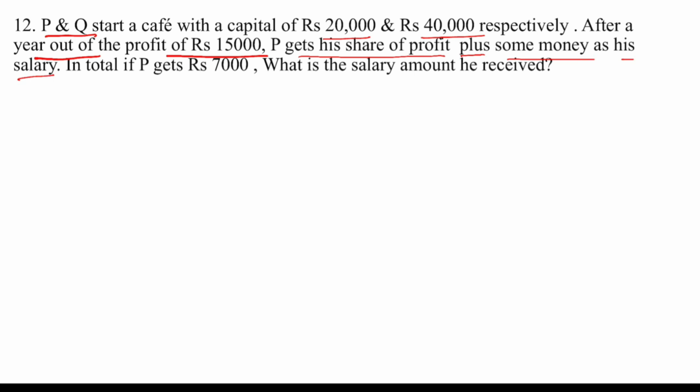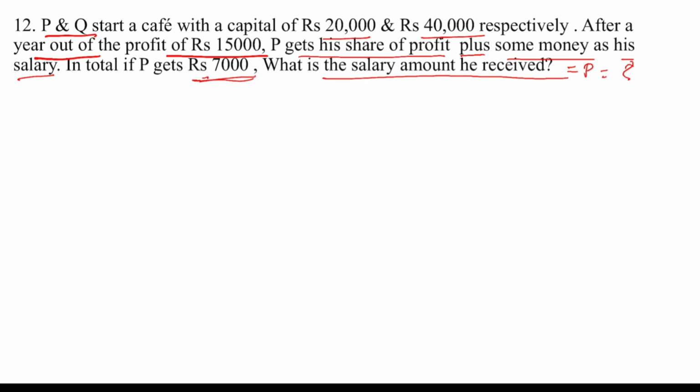If P gets 7,000 in total with profit as well as salary, what is the salary amount received by P?